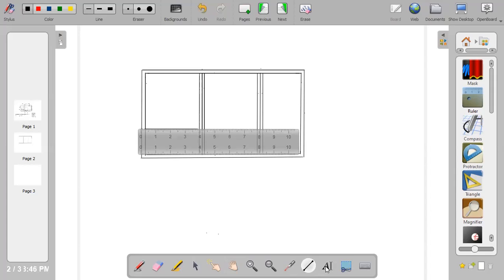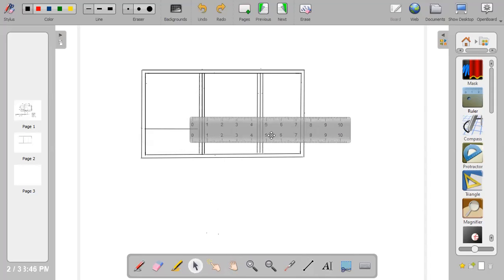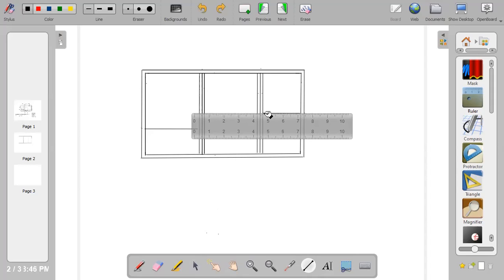Take it to the other end also. Pick up your ruler, drag it to the other end, and draw from the internal wall. You also draw at division 3. So this is my line.